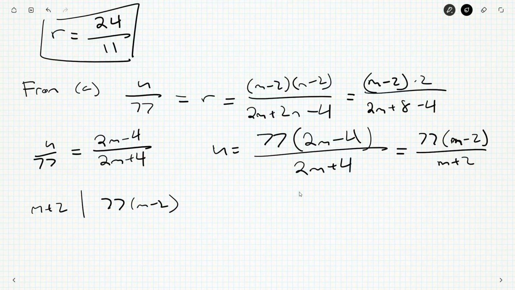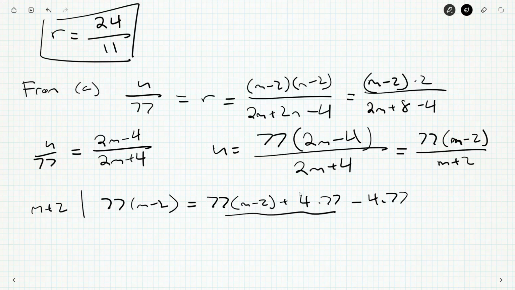Okay, what can we do? Well, let's see, I can rewrite this as 77 times (m minus 2 plus 4) minus 4 times 77.